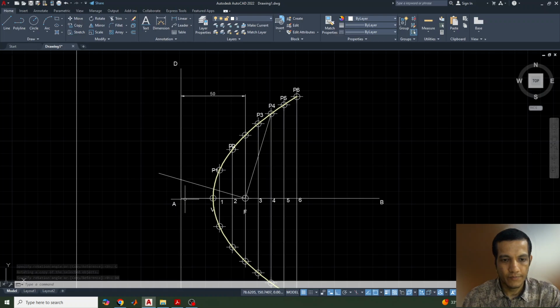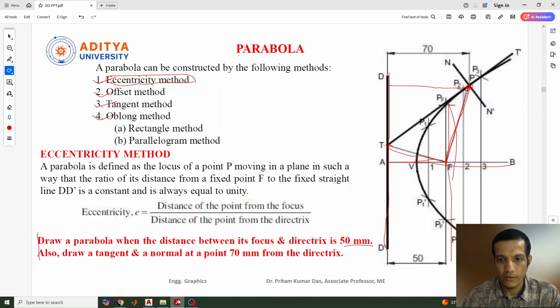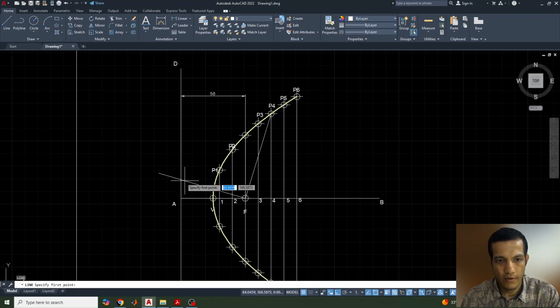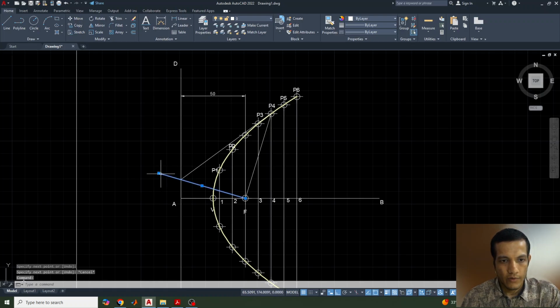Now from here again we need to join to the last, like from this to this point. So this is the tangent we drew. The tangent needs to be drawn here actually, and let me join a line here to this point. Okay, and this one we can just squeeze up to here.